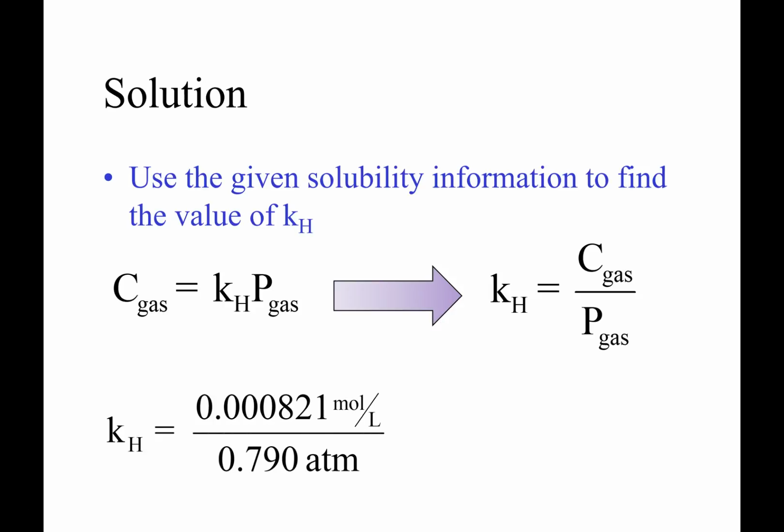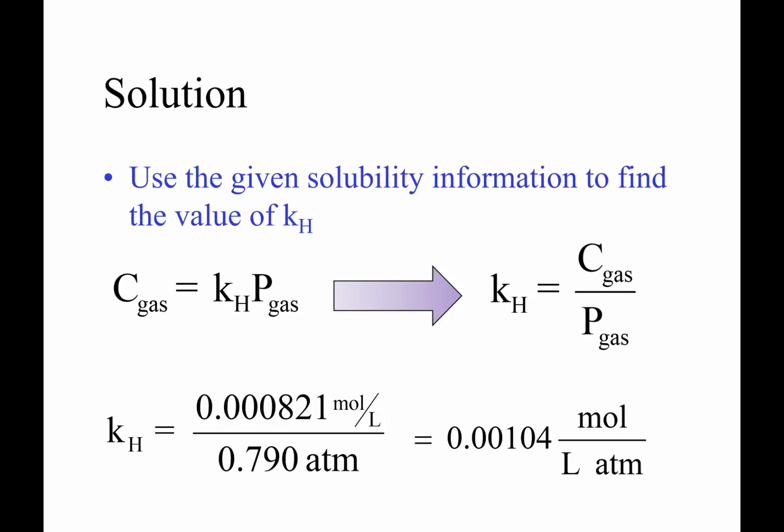In this case, given the information in the first case, we had a molar solubility of 0.00841 moles per liter of nitrogen at a headspace pressure of 0.790 atmospheres. Round to 3 sig figs, we get 0.00104.